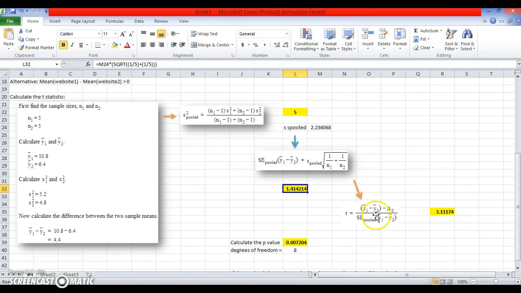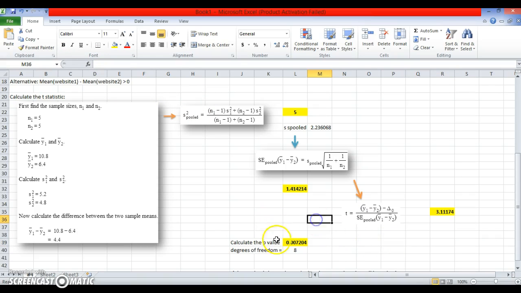So it is 4.4 minus 0 divided by this. And remember, we already calculated this up here. It's the same. So what we get is basically 4.4 minus 0 divided by 1.414. And that gets us our test statistic.